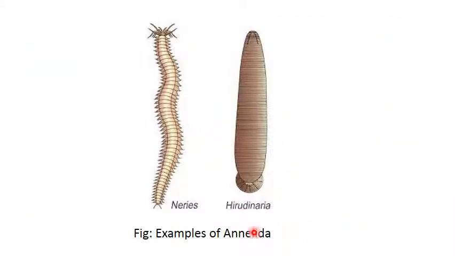So these are the two examples that are given in your NCERT book. One is of the Nereis. अभी हमने बोला कि Nereis में marine annelid है और lateral appendages है. So these are the lateral appendages that help in locomotion, that help in swimming in the sea water, and these lateral appendages are called as parapodia. और ये इसमें blood vessels भी हैं, तो थोड़ा बहुत exchange of gases भी होता है on these parapodia.